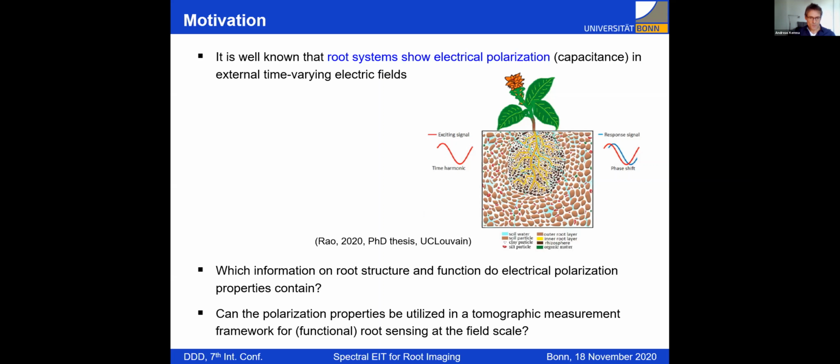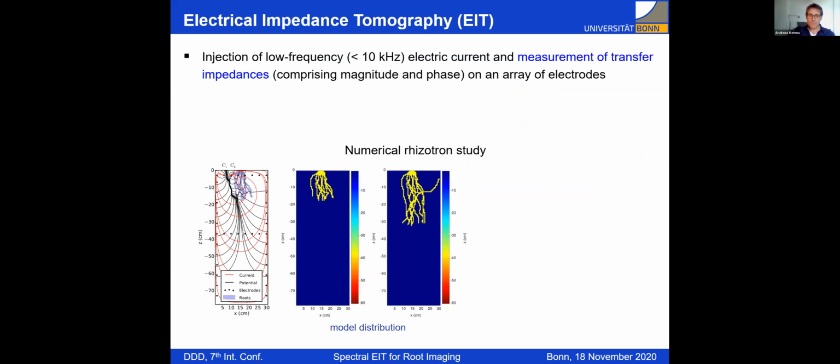And the second one, with a view to application at the field scale for root sensing, is can we utilize these signatures in a tomographic way, which is the prerequisite for an imaging method, to collect this information with spatial resolution in a non, or at least minimally invasive way?